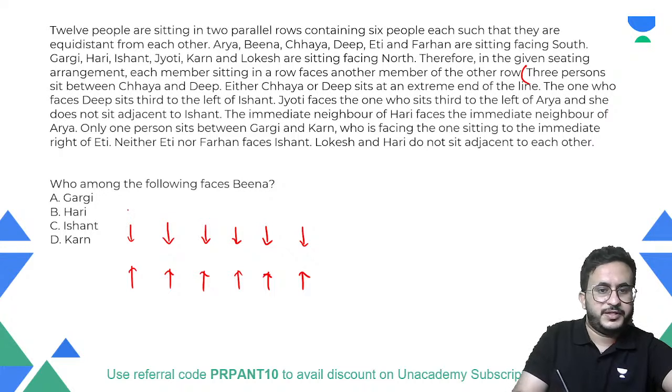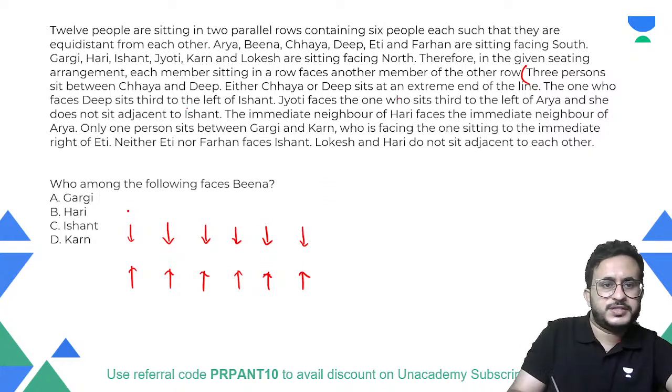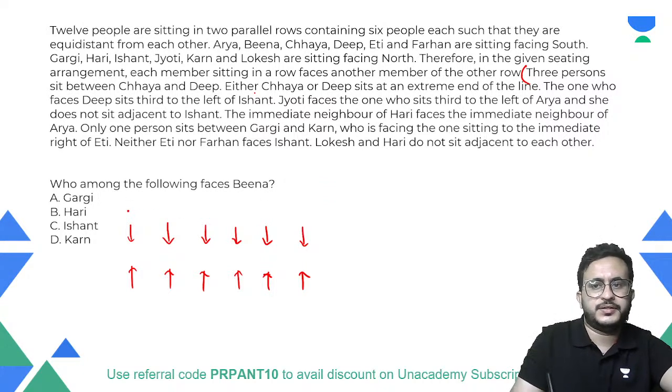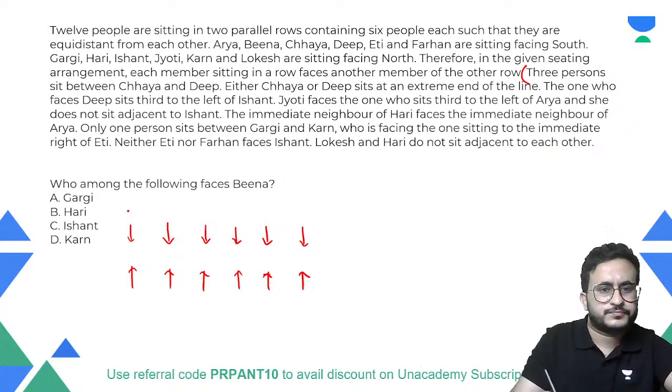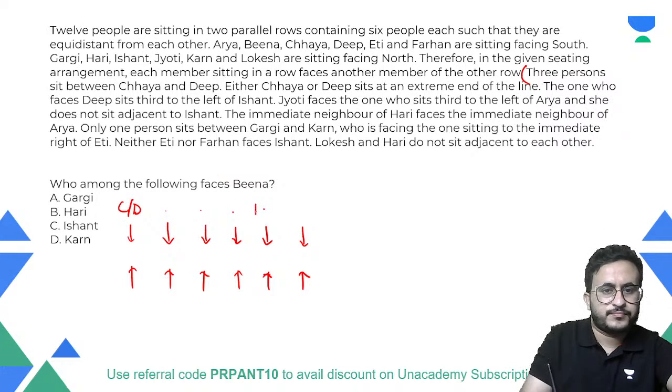One possibility is Chaya, 3 persons in between Chaya and Deep, so it could be like Chaya, 1, 2, 3, and Deep, right? Or another possibility, because one of them has to be at an extreme end, is this.